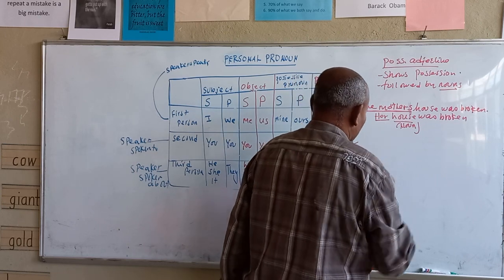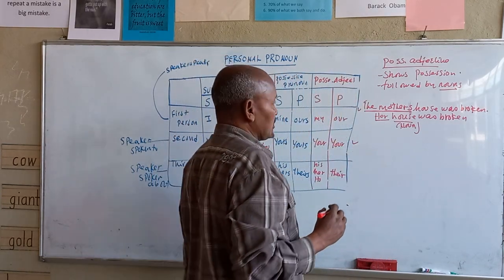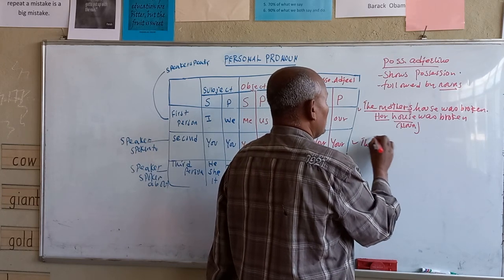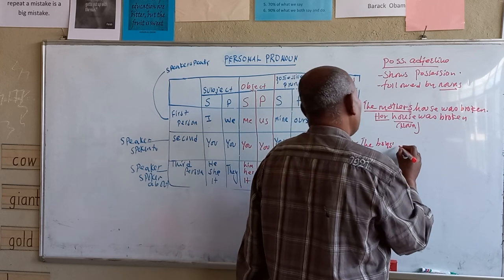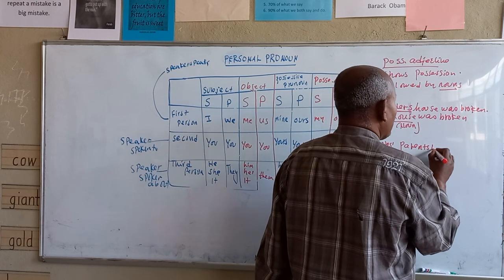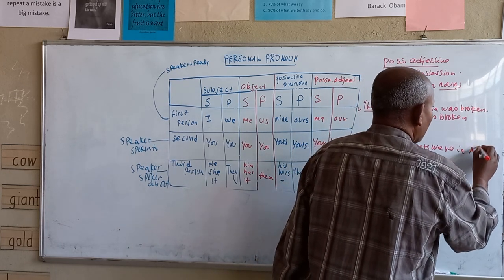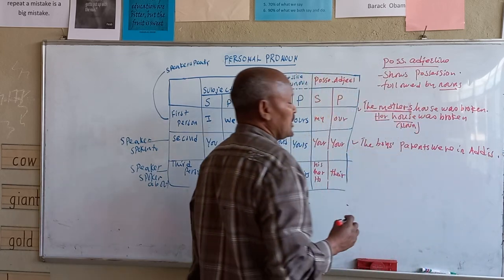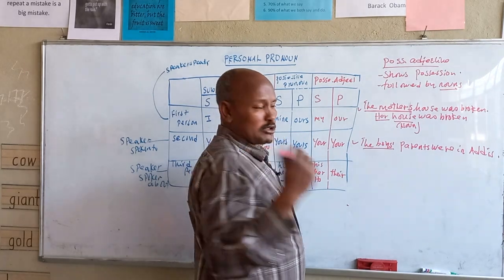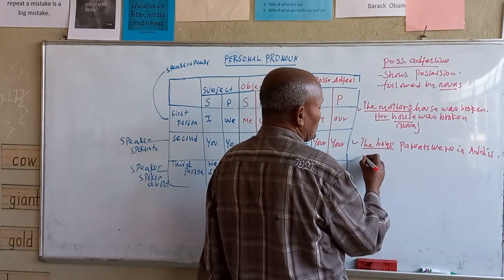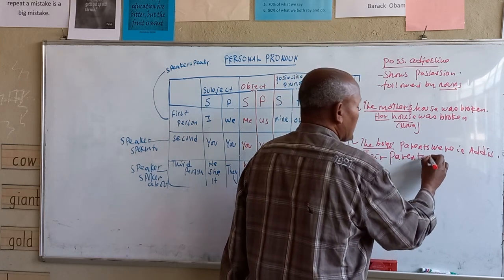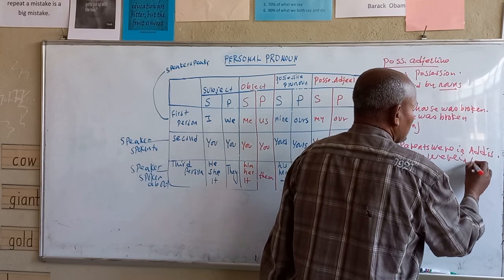That's true. All right. The other example is, look here, the boys' parents were in Addis. This is possession, or we can say plural possession. So I can substitute it with their.